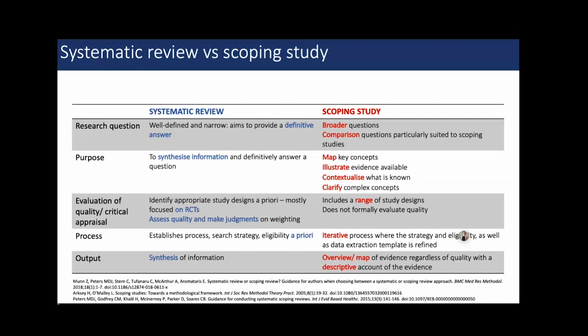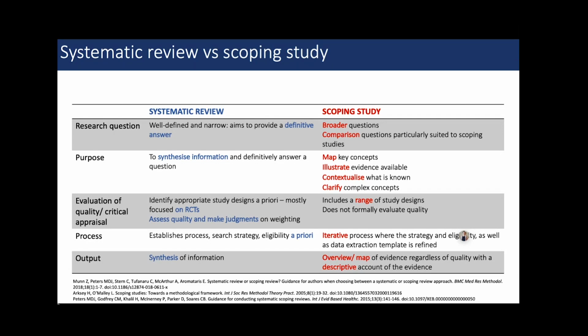Whereas a scoping study doesn't do that and rather includes quite a range of different study designs. The process for a systematic review is all set out a priori, whereas scoping studies are more iterative, including the strategy for the search, the inclusion, and the data extraction, and that can be refined as you go, depending on what you find in the data.